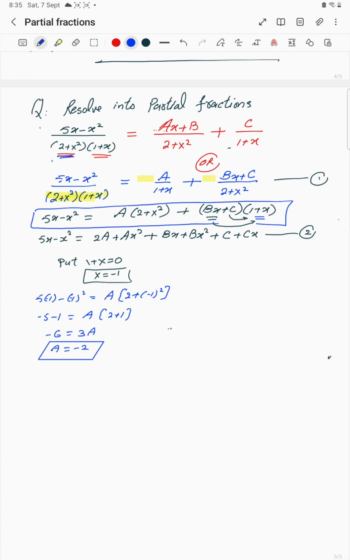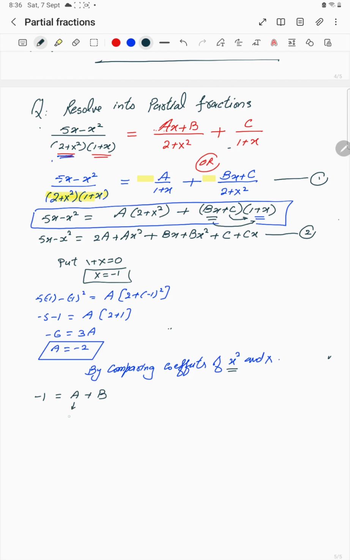Now b and c are left. For that, we need to go for the comparison. The highest degree of the equation is 2, so we compare coefficients of x square and x one by one. When you compare x square first, the left hand side coefficient is minus 1 and the other side is a plus b.